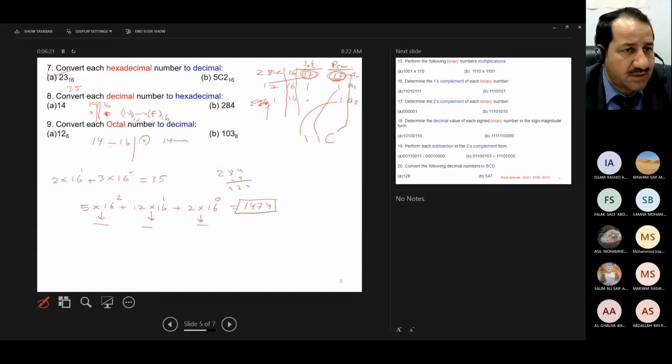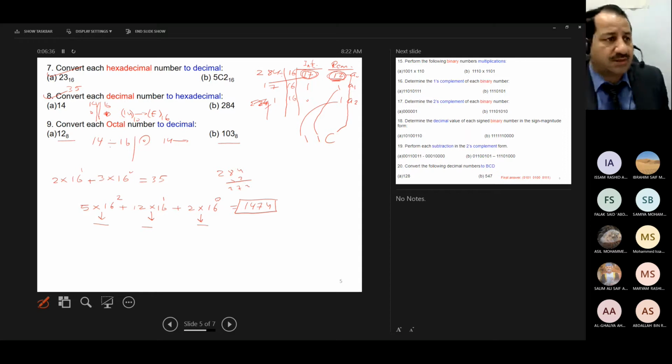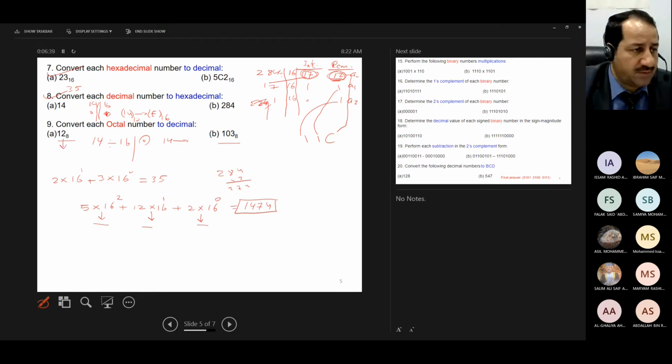Convert each decimal. We solved this one. Convert each octal number to decimal number. Now, I leave this to you to start working on it, both of them. It's clear that we will multiply by 8 to power 0, to power 1, to power 2. So work on it and tell me how much 12 will be in decimal.